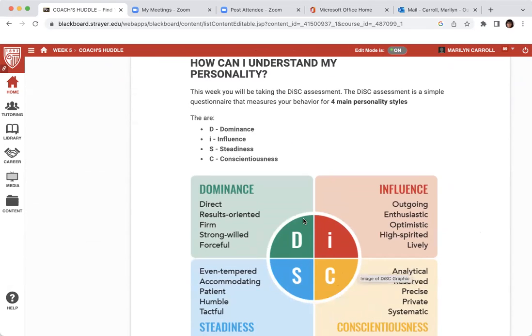Within these, it gives the strengths of each. The dominance is direct, results-oriented, firm, strong-willed, forceful. I don't know if I'd use forceful on a job resume, but results-oriented and strong and firm are good. Under influence: outgoing, enthusiastic, optimistic, high-spirited, and lively. All of those are great to include on a resume.